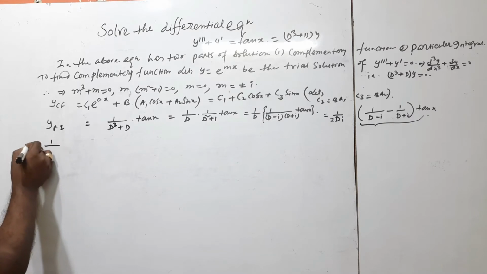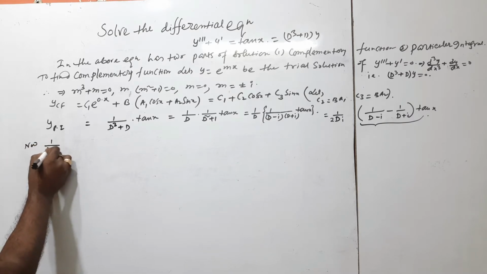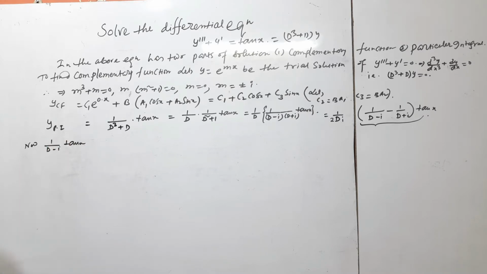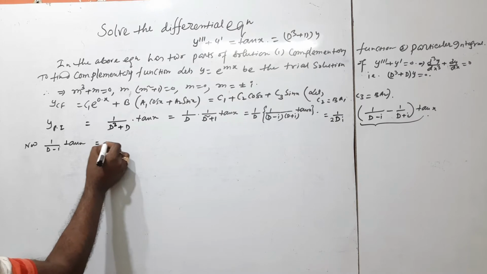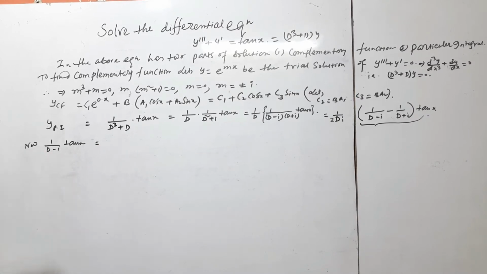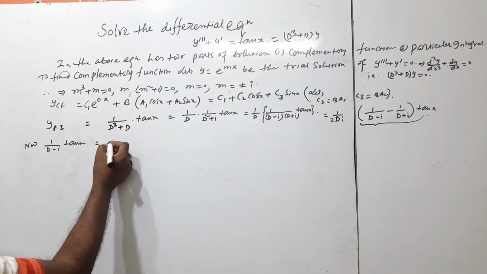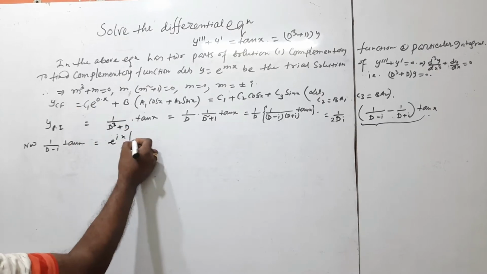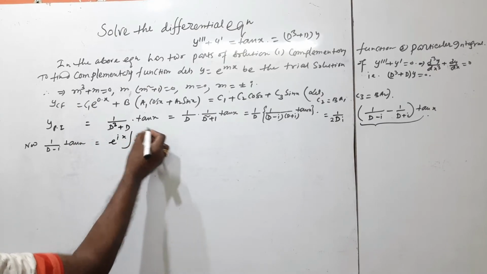So 1/(D − i) tan x. If we take 0, then D is actually i, so it can be written as e^(ix) ∫ e^(−ix) tan x dx. This is the technique.